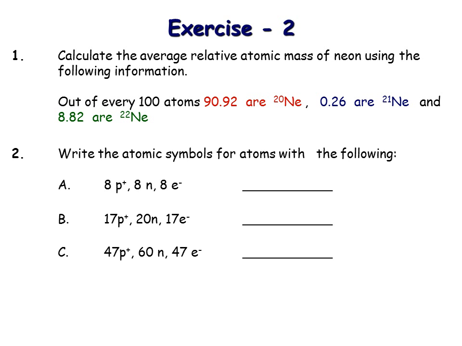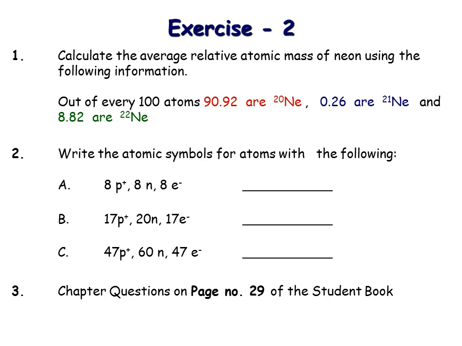The second question is to find the symbols for these subatomic particles. One has 8 protons, 8 neutrons and 8 electrons, so you should know what that atom is. Complete this with the suitable atomic symbol. The third question is to answer the chapter questions in the textbook, page number 21. Please answer all these questions.